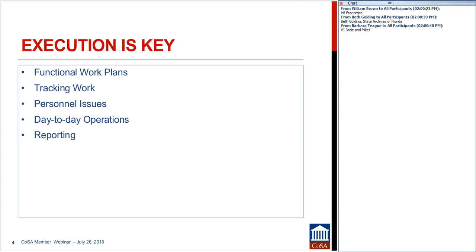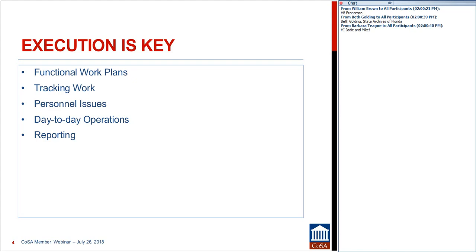Today we're going to talk about the nitty-gritty of executing projects and project management. We talked a lot in our last session about planning and preparing for the process of well-executed project management. And today we're going to talk about the actual details of how to do that. That means we're going to cover 5 general areas.